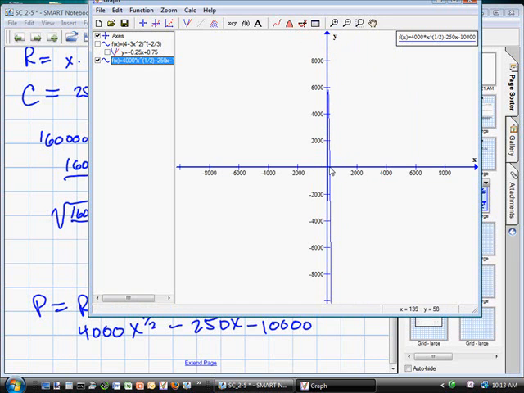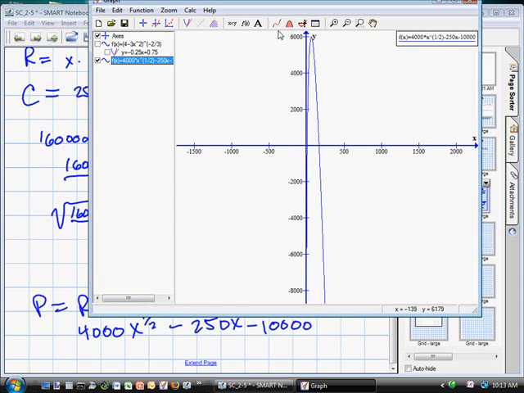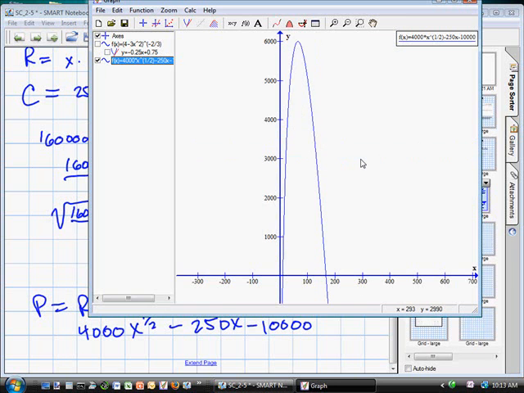Okay, I can see we got a parabola here. I'm trying to remember how to zoom. Yeah, here we go. Okay, so we got a graph that looks something like that.